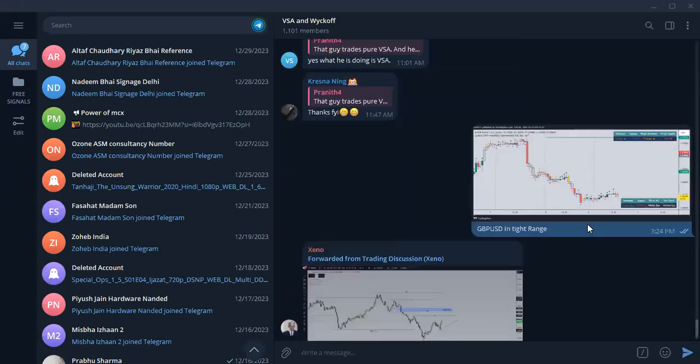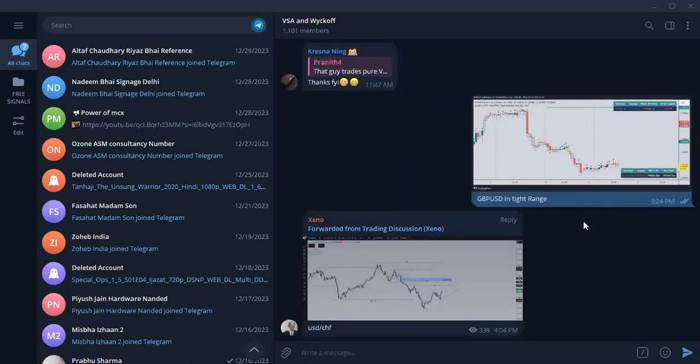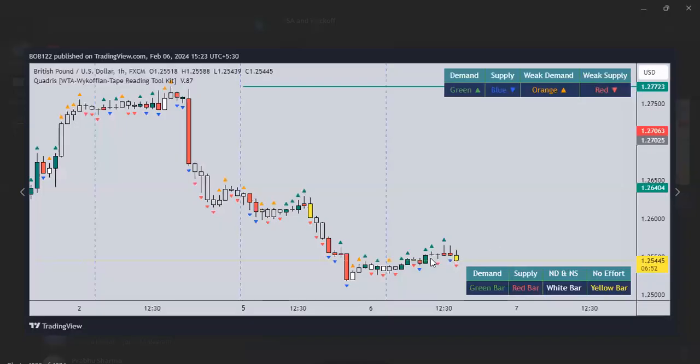Okay, so today in our group, VSA and Wyckoff, at 3:24 p.m., I shared this chart of GBPUSD.